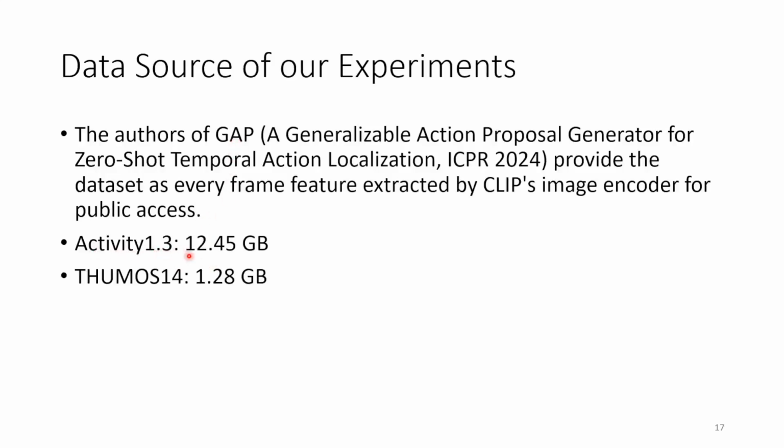For ActivityNet 1.3, only 13 gigabytes, and for THUMOS 14, only 1.28 gigabytes. So it is very easy to download. Although we cannot get the raw videos, we can still do experiments on these.